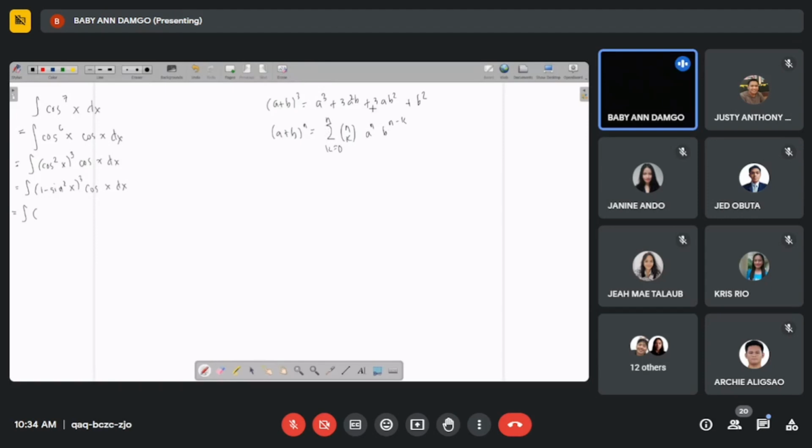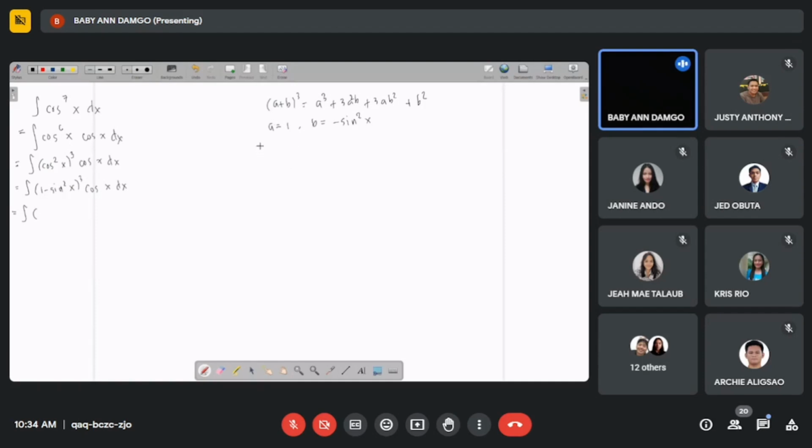Okay, so applying this, our n here is 3. So, substitute. Our a here is equal to 1, and then our b is minus sine squared x.